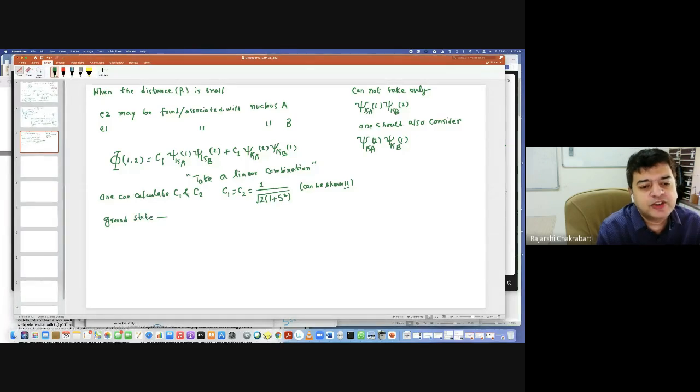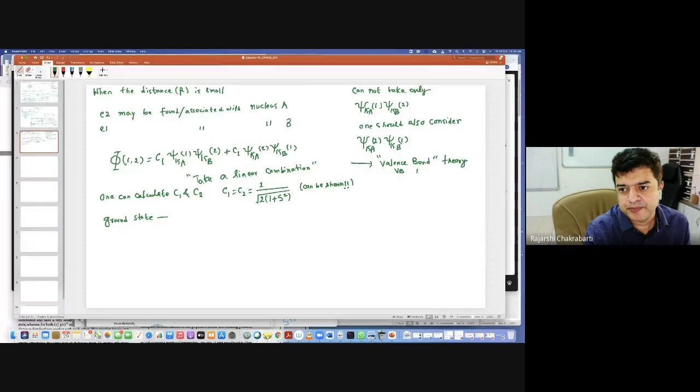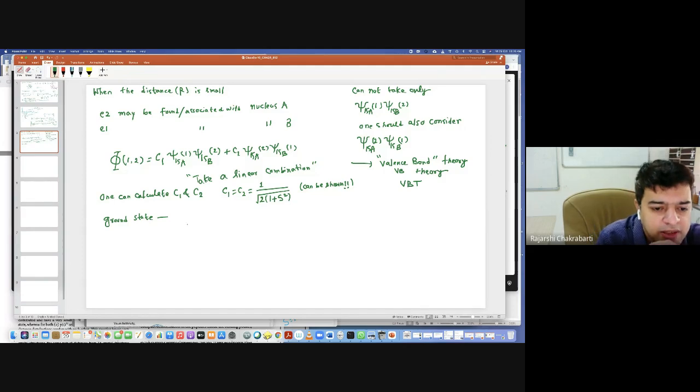And this description is called the valence bond description, or valence bond theory, VBT. So the ground state according to valence bond is, what notation? I don't know. Yeah, for the ground state.